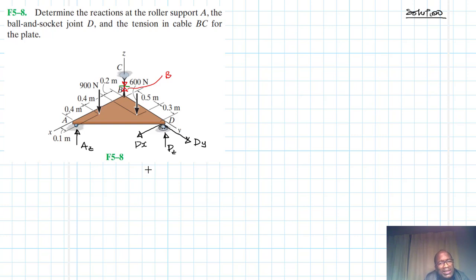But the good part is, using your intuition and your engineering judgment, you already know that for dy, we do not have any applied force in that direction.